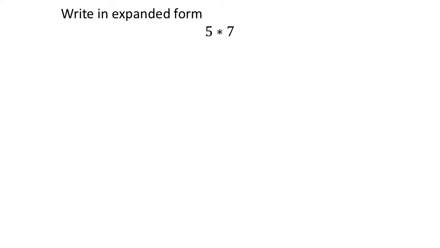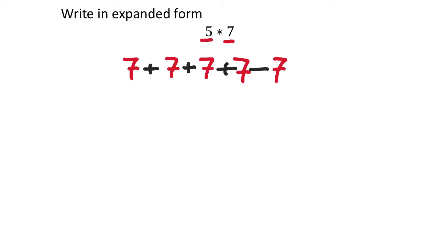Here we go. Expand this. Now, expanded form means that since this is multiplication, we're looking for repeated addition. And there's 2 different answers that would work on this one. Let's look at both. So for me, I would say this is 5 groups of 7. So that means I would have 5 7s. There's 5 7s right there. And since it is multiplication, it's repeated addition.